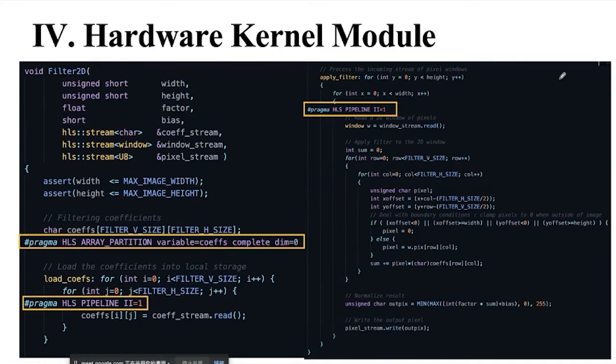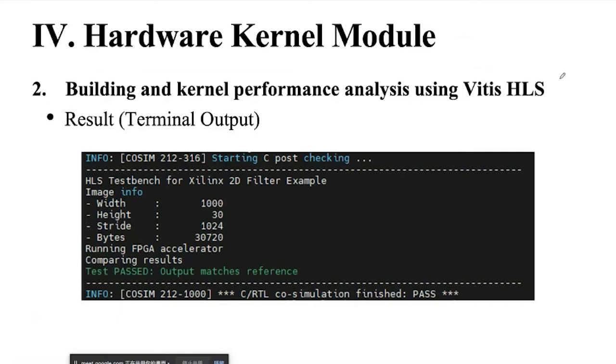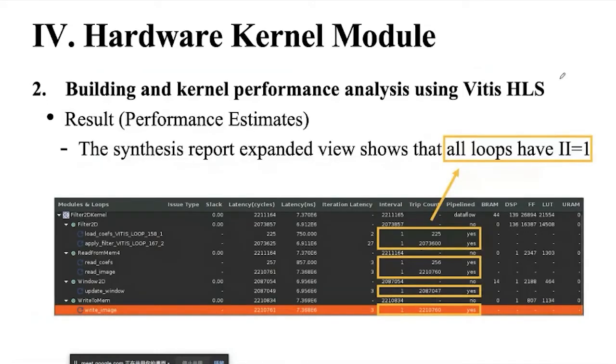Yes. There's a four-level loop: the image size X and Y, and the window row and column. The filter, yeah, the kernel function. So it's a four-level loop. Yes, no problem. Okay, thank you. And so this is the result of it.